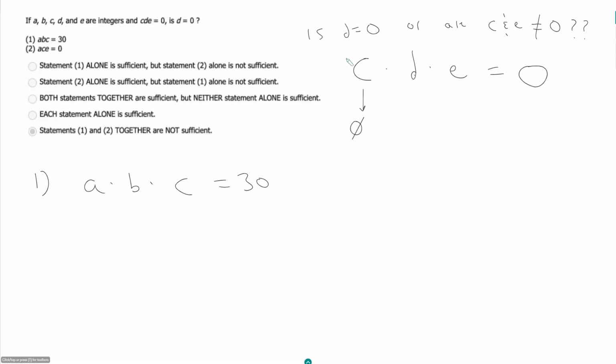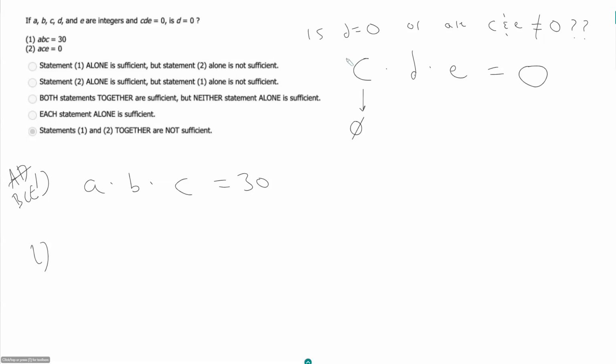So it's still possible that E is equal to 0 and D isn't equal to 0, or both D and E could be equal to 0, or only D could be equal to 0. So because of that, it's possible for D to be equal to 0 or not to be equal to 0. So this is insufficient. We need to know something about E.